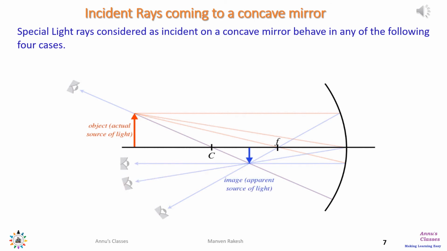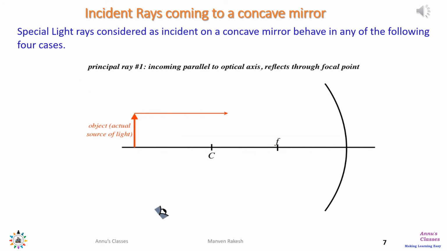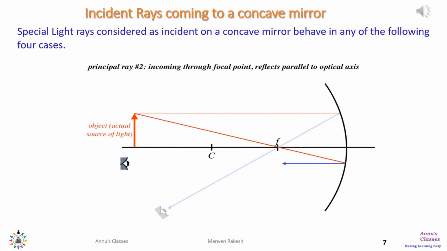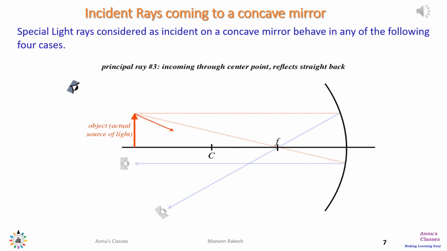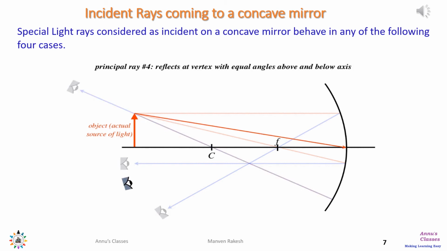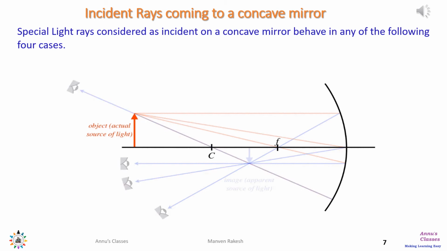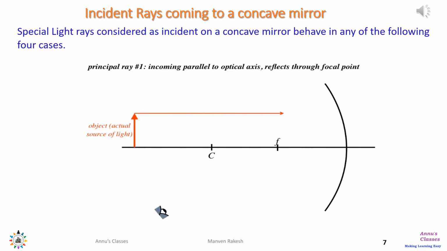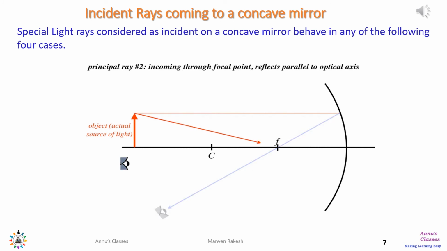Conversely, if a ray passes through point F before incidence, it will be parallel to the principal axis after reflection. A third possibility is that a ray passes through the center of curvature, then it will trace back its own path. And the last possibility: if a ray is incident on the pole, then it will return making the same angle as the angle of incidence between the principal axis and the incident ray.